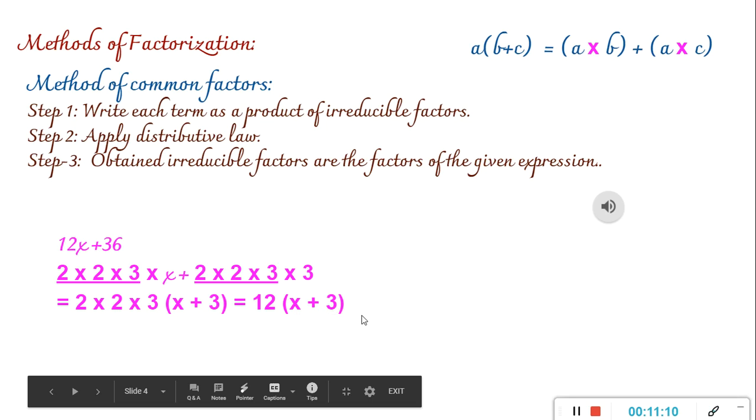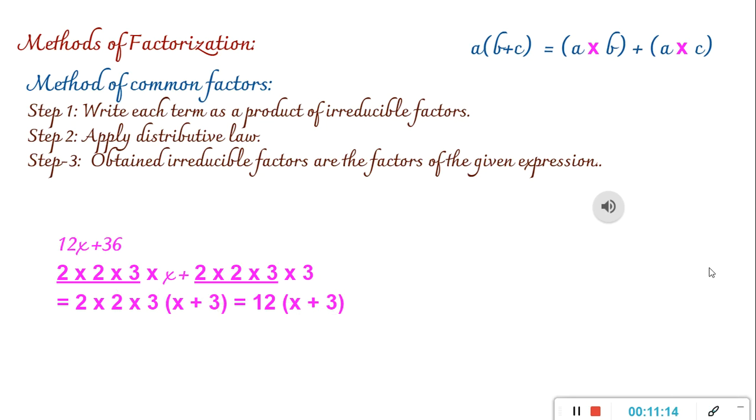So this is the factorization of the expression 12x plus 36. In this way we can factorize the given algebraic expression. So step 3 is that irreducible factors are obtained. Let us try out a few more examples of the method of common factors.